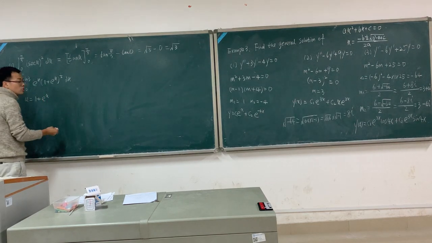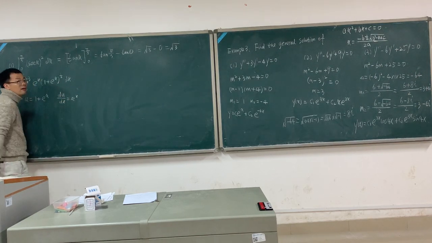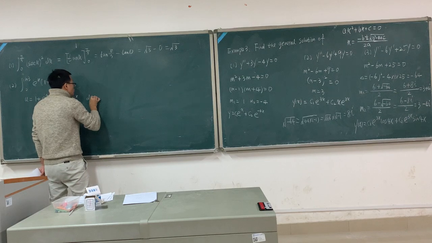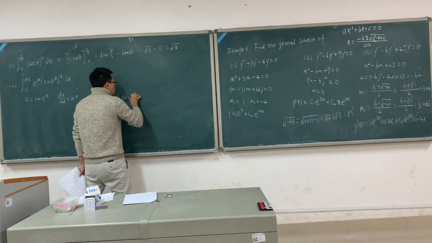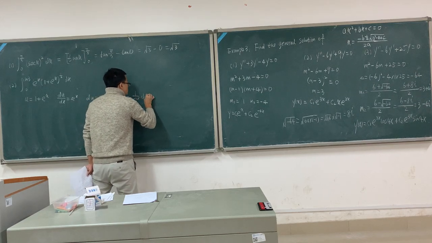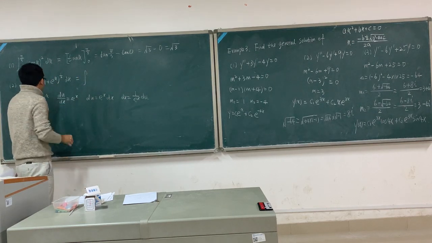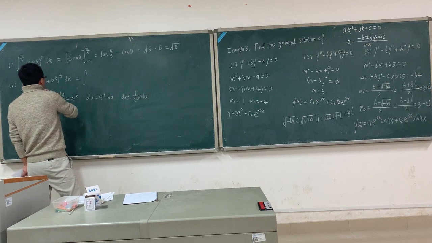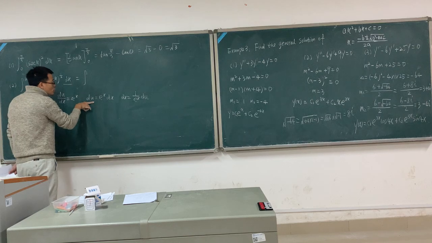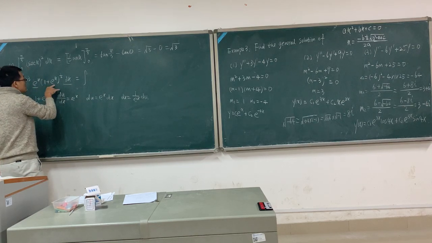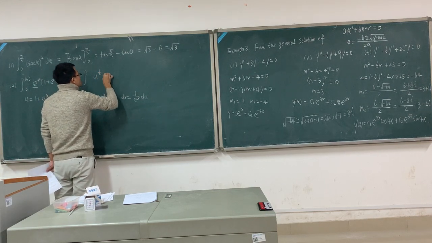So du/dx equals e^x, so du equals e^x dx. Here e^x dx is du, and 1 plus e^x is u, so it becomes u to the half power du.